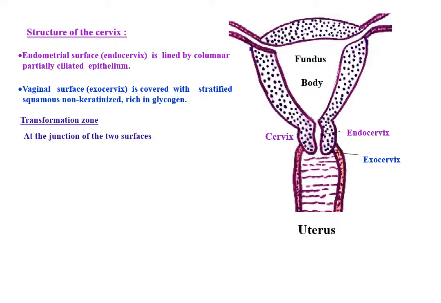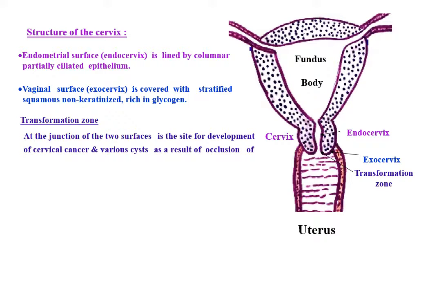The transformation zone at the junction between the two surfaces is the site for development of cervical cancer and various cysts as a result of occlusion of the ducts of mucosal glands.